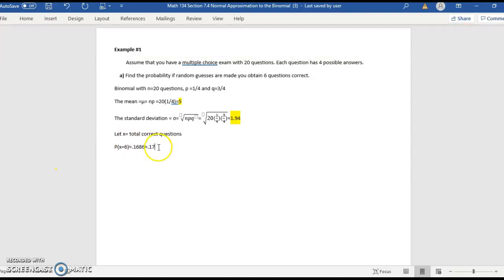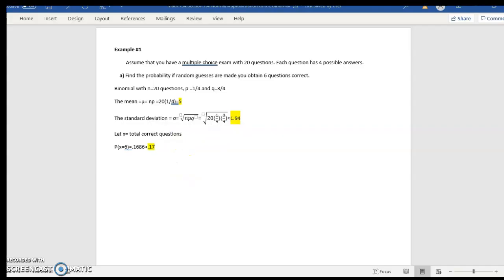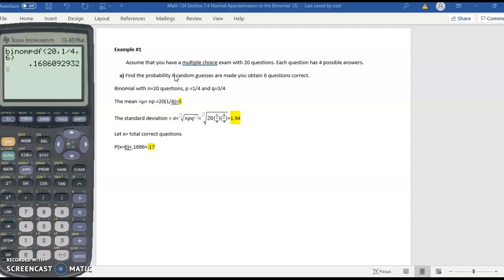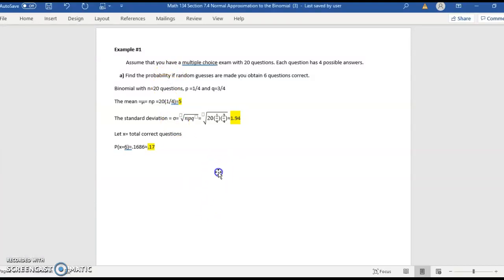Now we're going to come back to this value in a little bit as we jump to B. But take a second, see if you're matching. You can pause the video, and once again, for any approximations within the normal distribution, we're going to have to be using the values of mean and the standard deviation for the binomial.